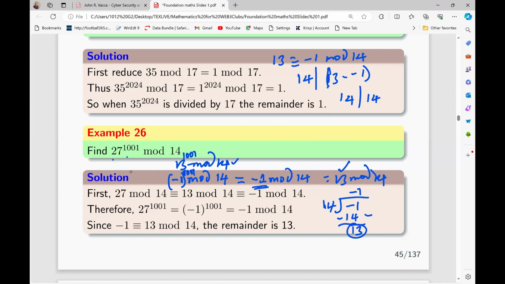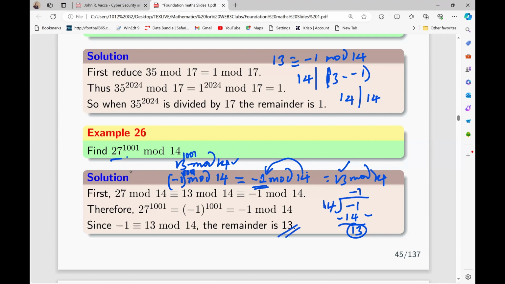The other way I showed you in the class was just to add this to that. That's the other way I showed you in class during one of our revision times. Just add that to that. So we found that 27 raised to 1001 mod 14 will be 13.